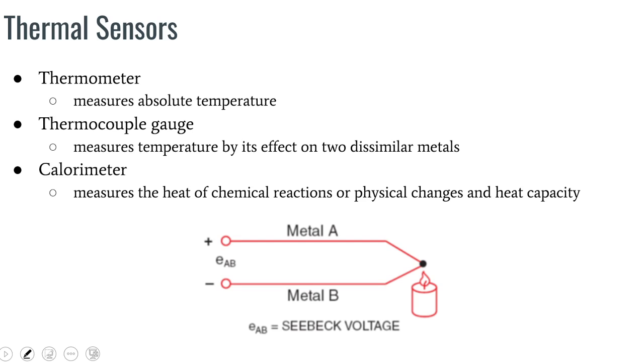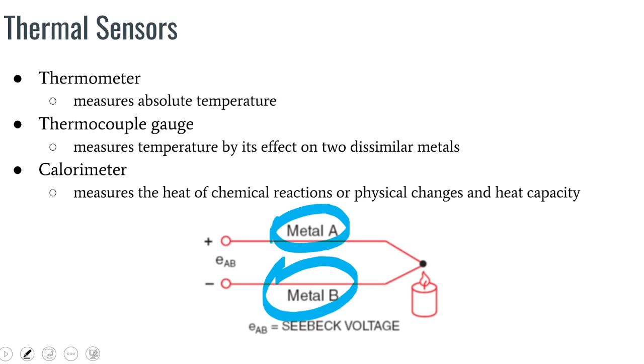There are thermocouple gauges, which are made with two dissimilar metals, and based on that property, we can measure temperatures based on the differences between the metals.